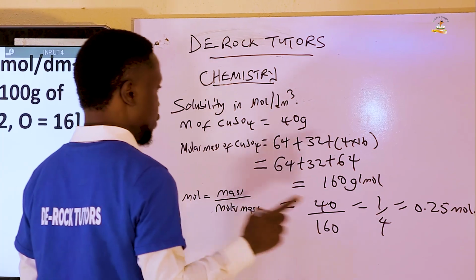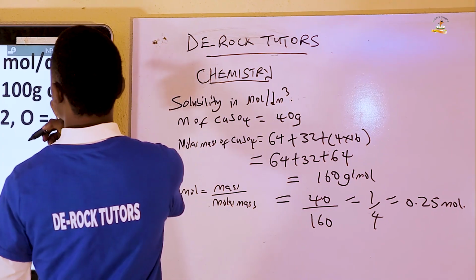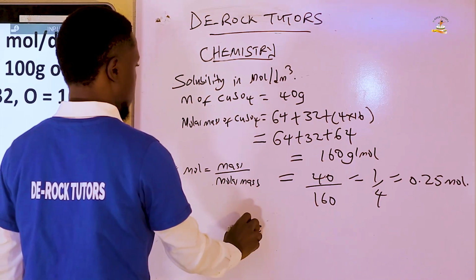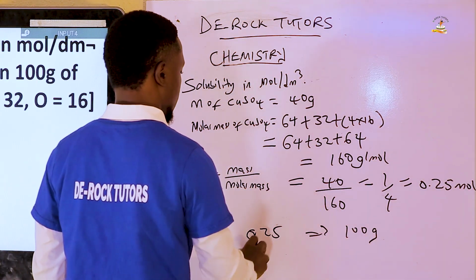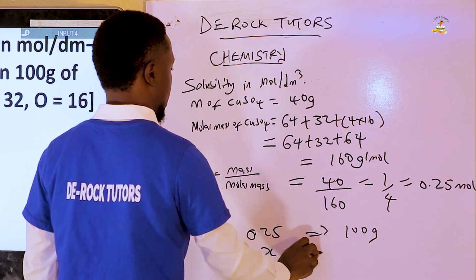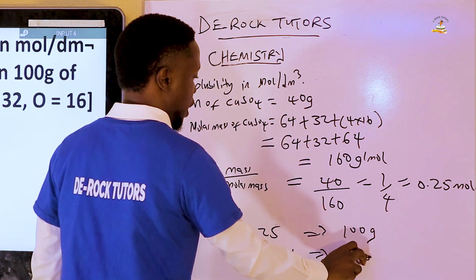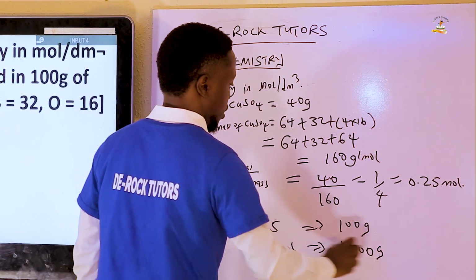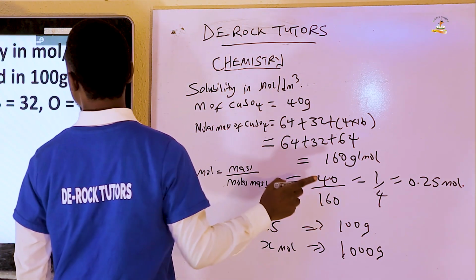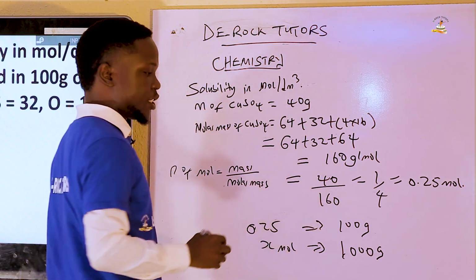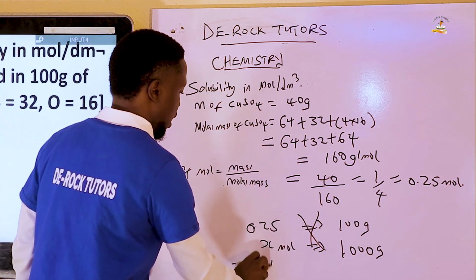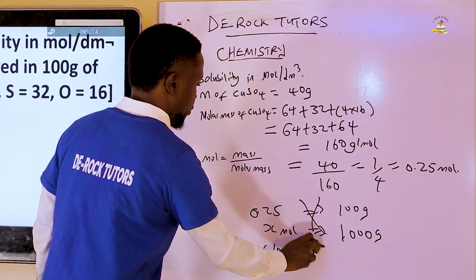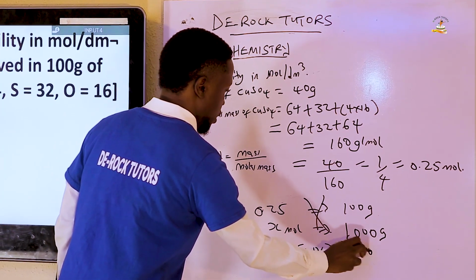Okay. So, but this 0.25 mole was dissolved in 100 grams of water. Now, the number of mole that will be dissolved in 1,000 grams of water is what we are looking for, because that's what will give us the mole per dm cube. So we cross multiply. So we have x times 100 equals 0.25 times 1,000.